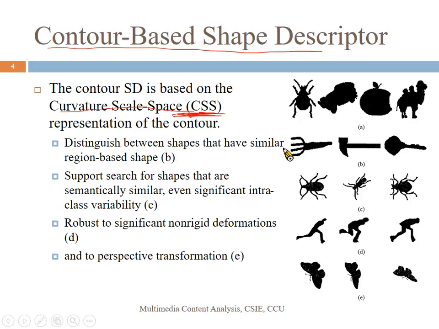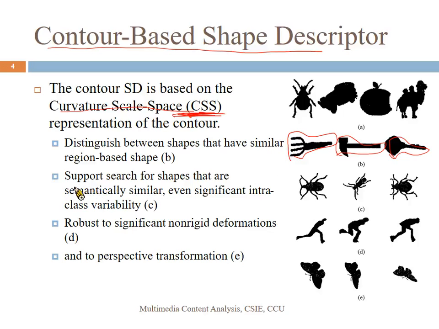For example, if we use the region-based shape feature, we may think that these three objects are similar. If in our application we need to discriminate these three objects, then it's better to use the contour-based shape descriptor.